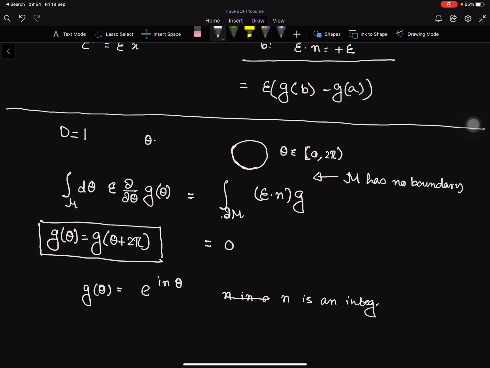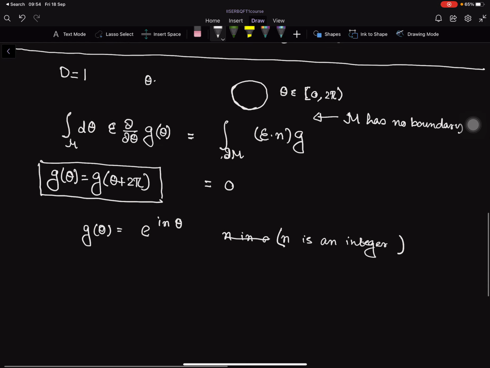If n is not an integer, then g of theta is not globally defined. That's why n has to be an integer. Then you can put this in and explicitly check whether this formula is correct or not. But this theorem proves it for more general functions. You don't have to prove it order by order or case by case.